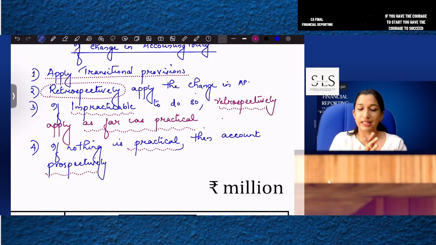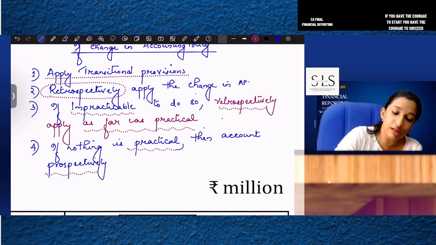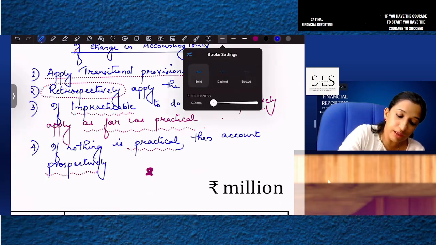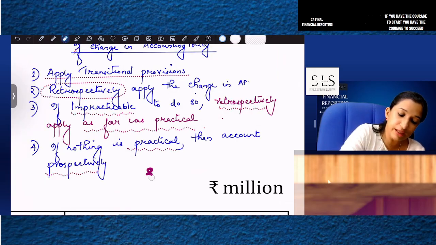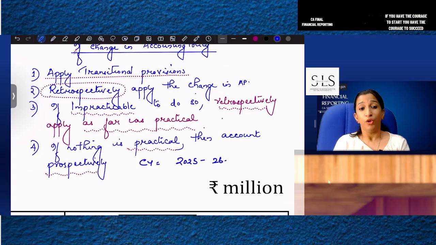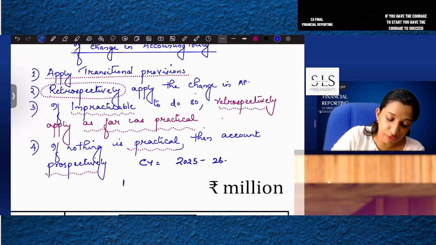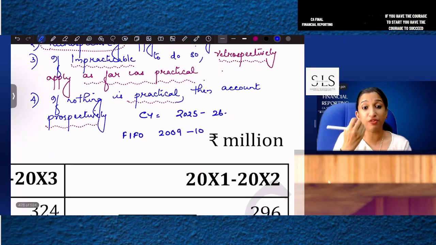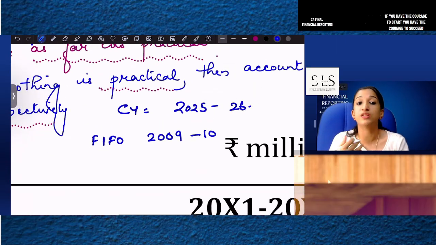So let me give you an example. Say for example, current year is 2025-26. Your company was following FIFO method from 2009-2010. Now, what does the standard require?